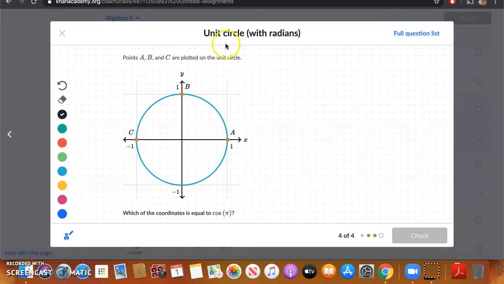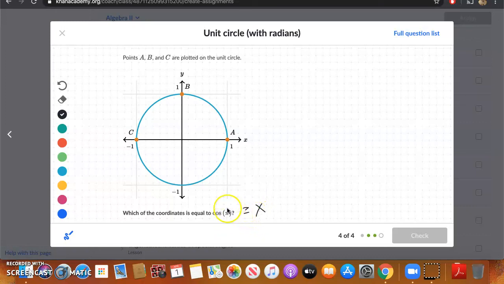Okay, so we have points A, B, C plotted on the unit circle, where the coordinate is equal to cosine of pi. Remember, cosine of pi gives us the x-coordinate, correct? So they're looking for the x-coordinate here, and the x-coordinate at which point?